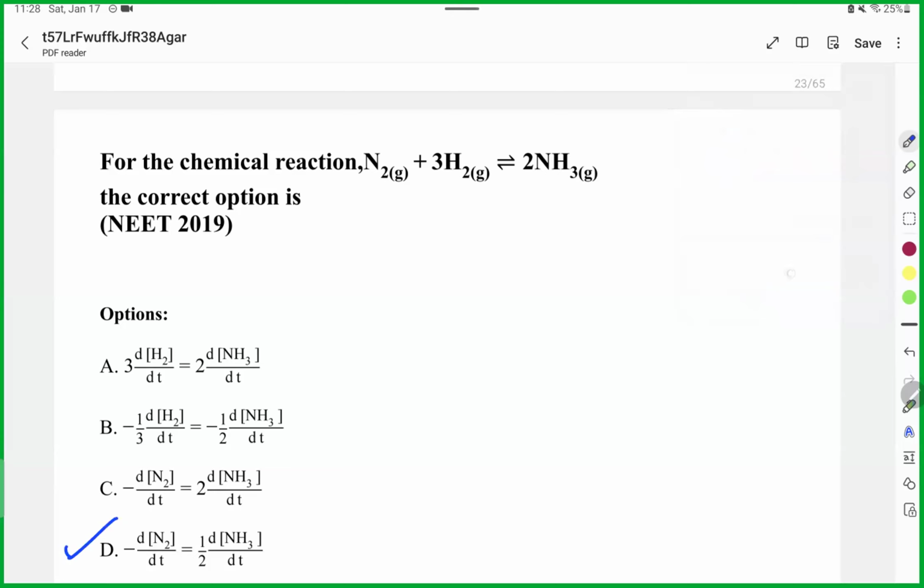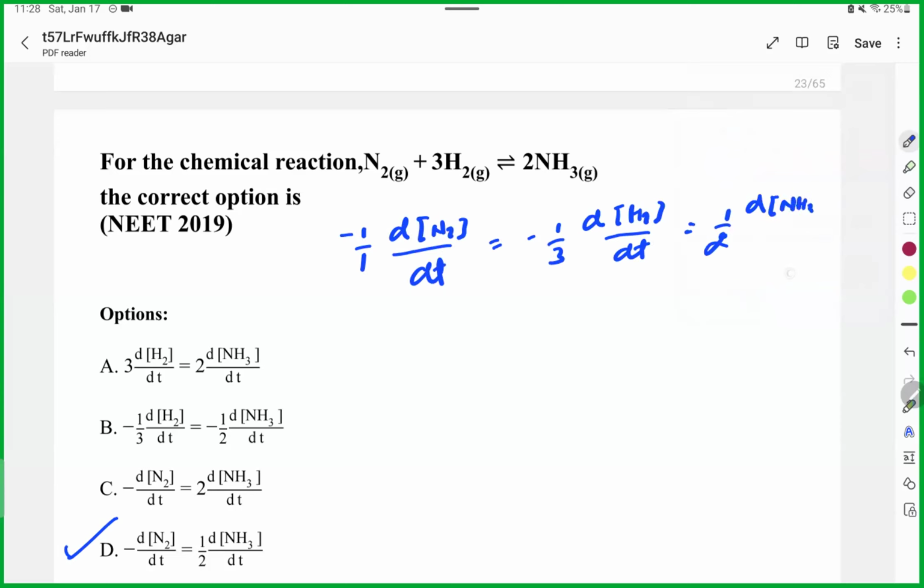Is this D? Minus 1 by 1 dN2 by dt is equal to 1 by 3 dH2 by dt, which is equal to 1 by 2 dNH3 by dt. Any doubt, guys? Sarah?